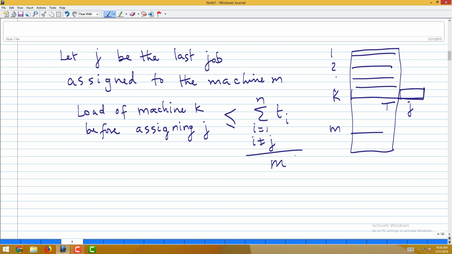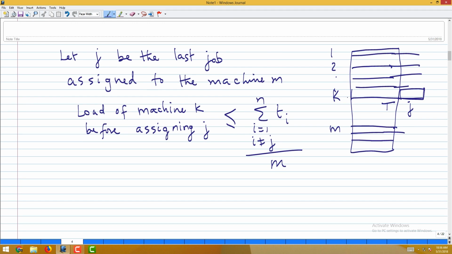Agreed? Because if you sum the load of all the machines up to this point, just before assigning this last job, some of them may go up to this point. Except this, their total time is summation T_i minus the jth job, divided by m, because this machine is the least load at that time.